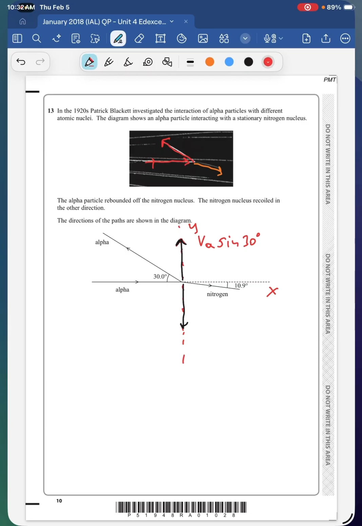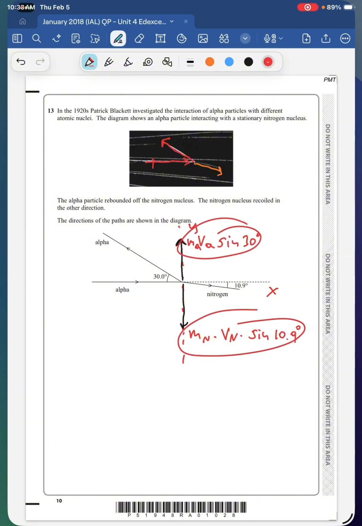So here that's the y component of the momentum of the alpha particle. If we multiply with m_a, we have the momentum in the y direction, and the momentum in the y direction for the nitrogen will be m_n times v_n times sine of 10.9 degrees. And these two components need to be equal to each other.